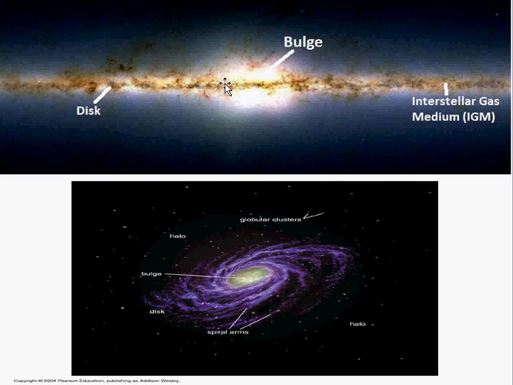Then this over here is the disk. Our sun, our solar system, sits about 8 kiloparsecs away from the center of the Milky Way, so somewhere over here, probably, right? The brown stuff that you see is the interstellar gas medium. Our Milky Way, like any other galaxy, has stars and has dark matter, right?